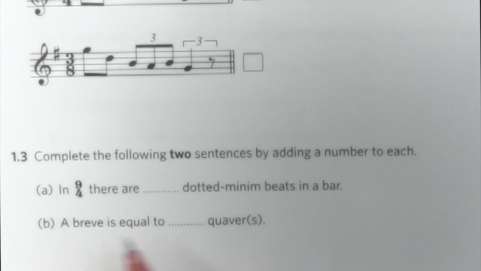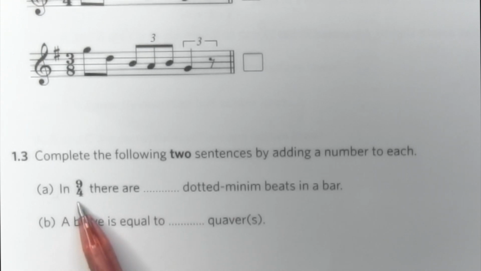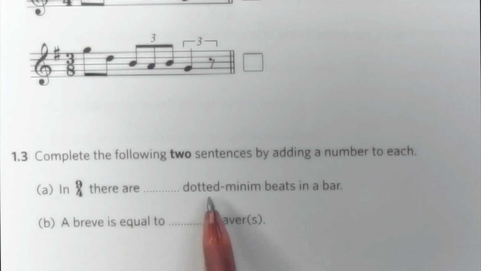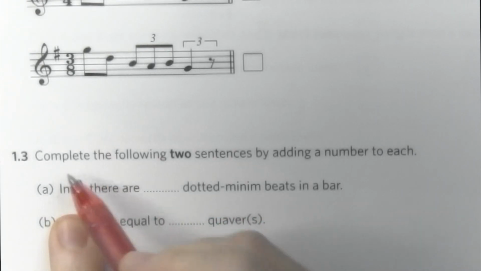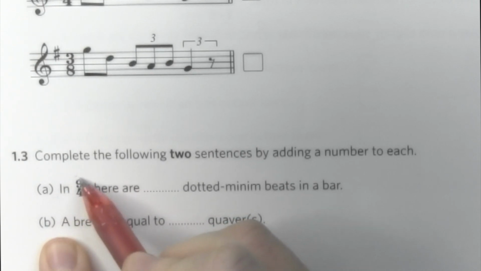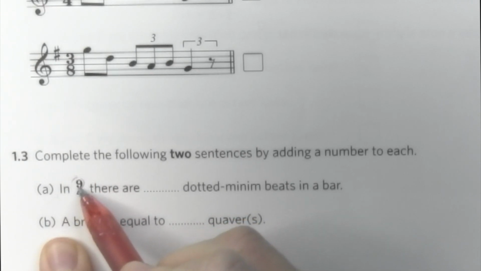Here we need to complete the sentences by adding a number. In 9/4, so 9 crotchets in a bar, there are a certain number of dotted minim beats. Okay, this is a compound time. Why? Because we have a number that is divisible by 3.